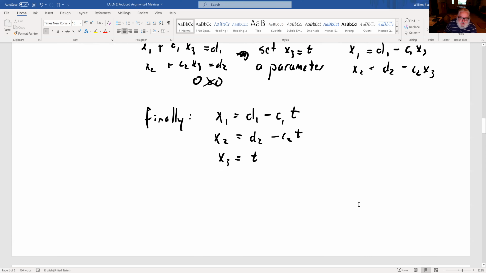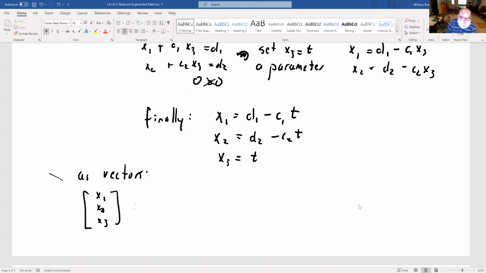And then very finally, we can write these as vectors. The solution vector x1, x2, x3 equals d1 minus c1t, d2 minus c2t, t.